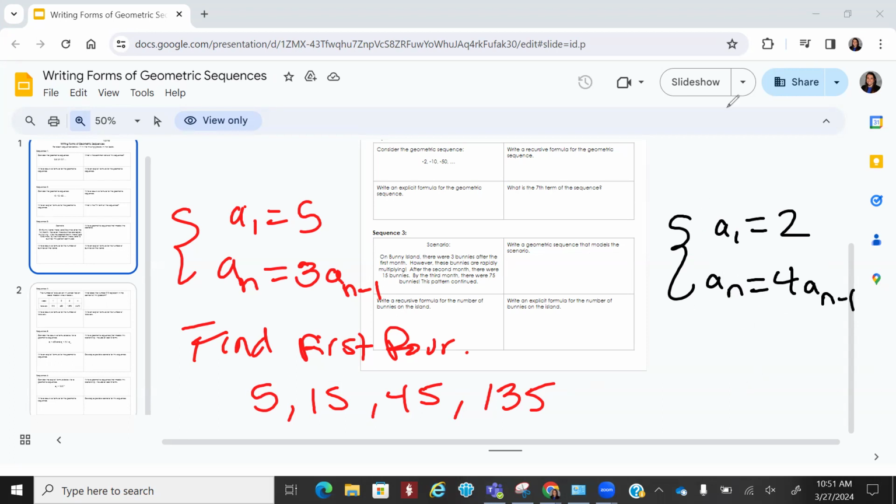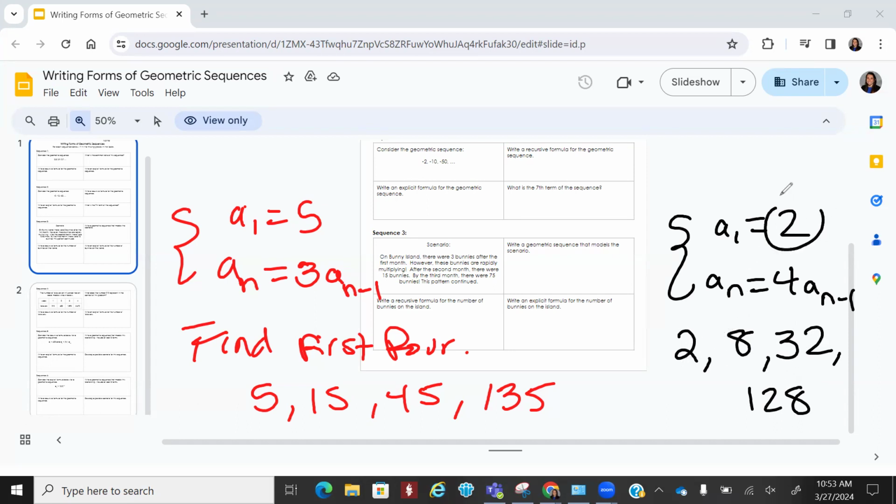Take a second, find the first four numbers on that one. Should have been 2, 8, 32. Oh, not 16, sorry, I made a mistake. 32, and then 32 times 4 would be what? 128. Remember, we're multiplying by 4.